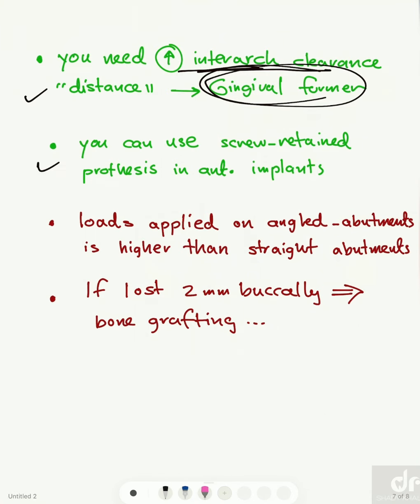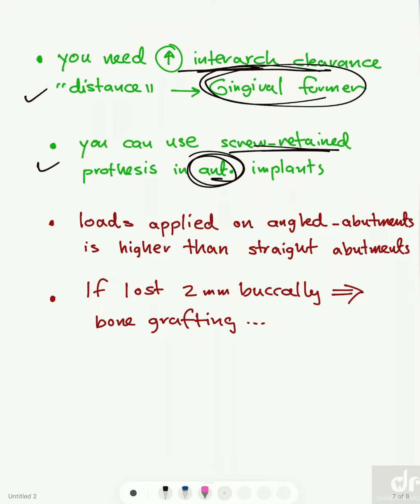Also, we can use the screw retained prosthesis for the anterior implants. But one of the major problems with screw retained is the loosening of the screws or the abutment screws, or even a rocking inside the anterior teeth, which will lead to bone loss.